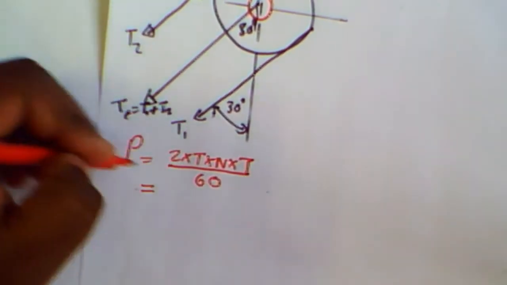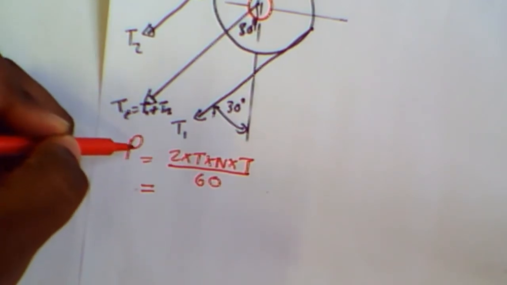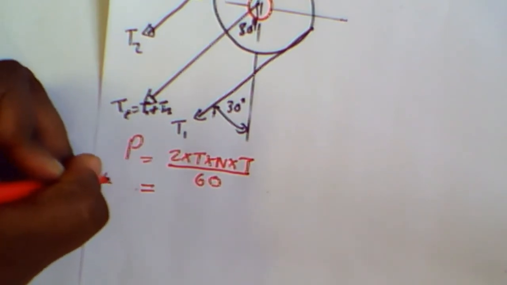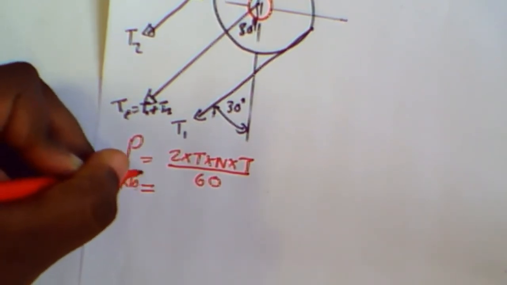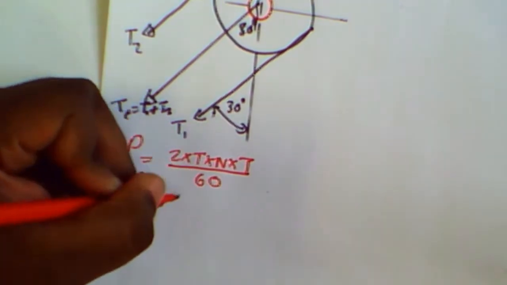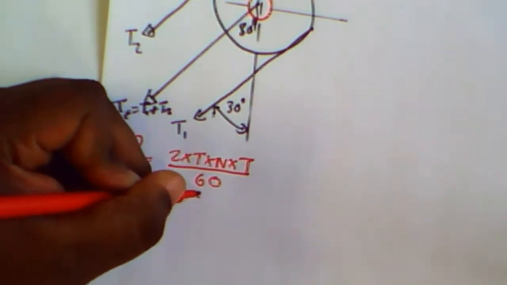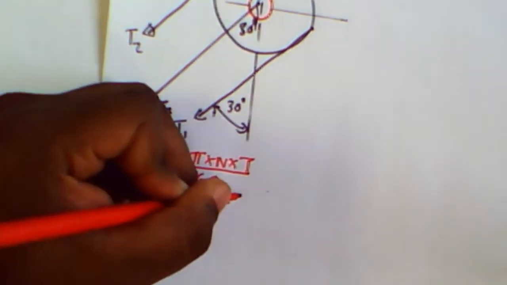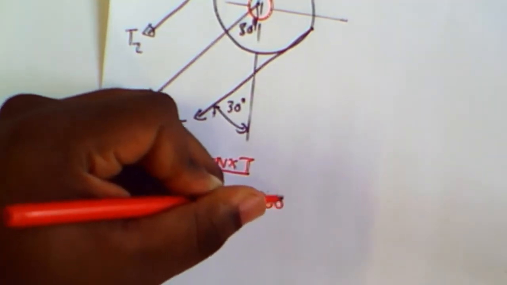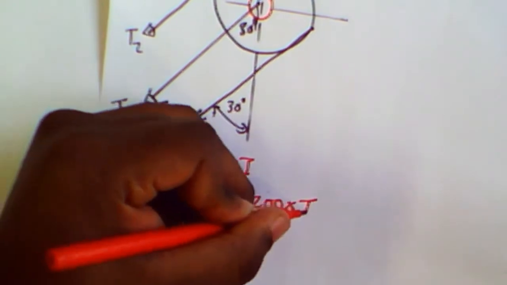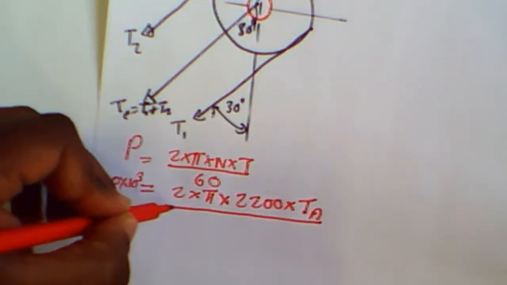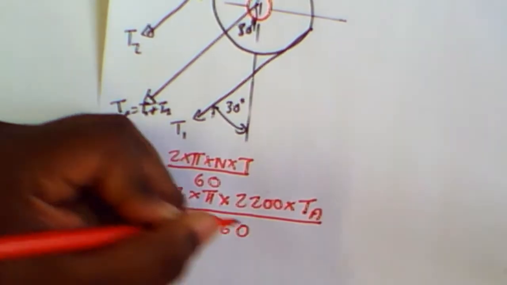Since I have the power from the motor, and my motor is fitted to gear A, here I will have 40 times 10 to the power 3, equals 2 times pi times the speed of the motor times the torque, which will be the torque on my gear A, divided by 60.